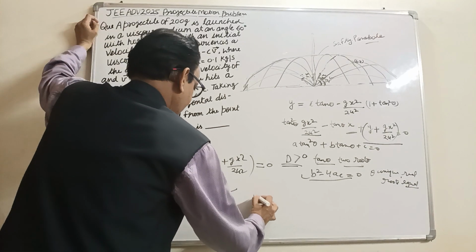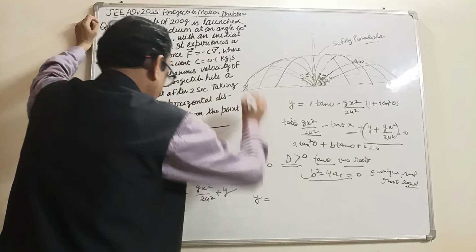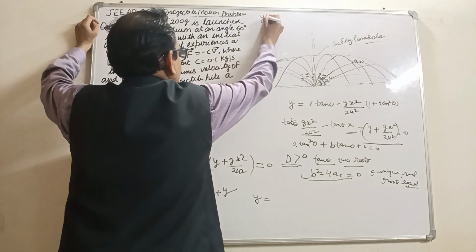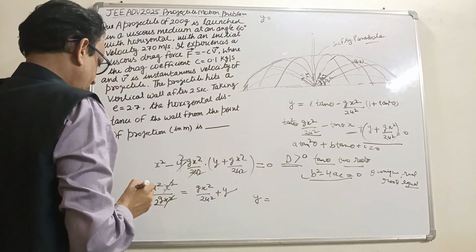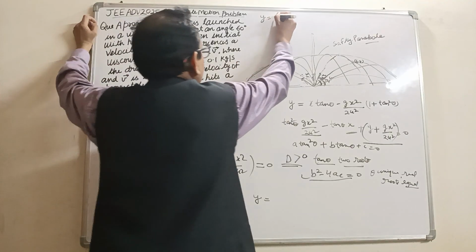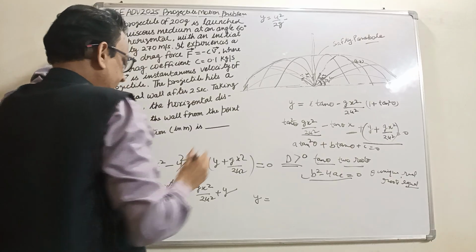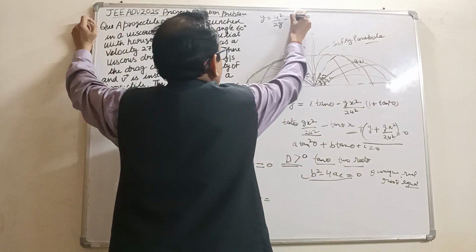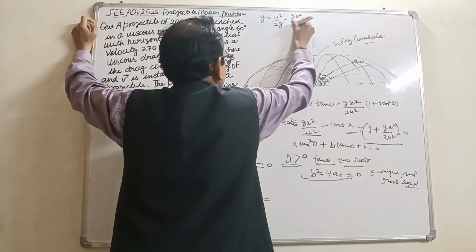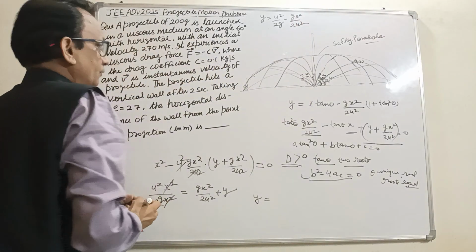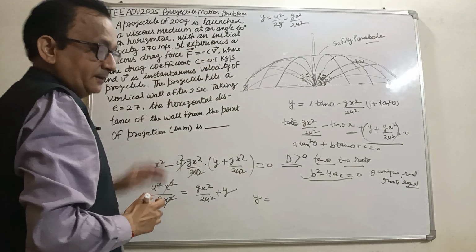So y becomes u square by 2g minus gx square upon 2u square. This is the equation of the safety parabola.